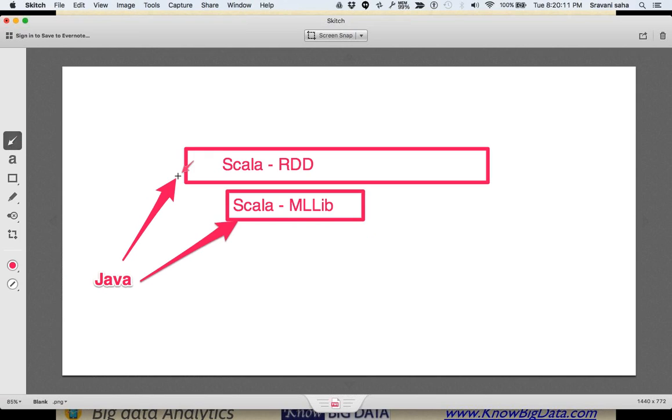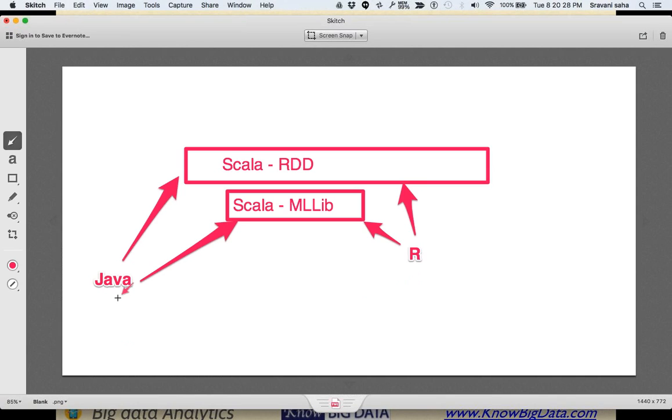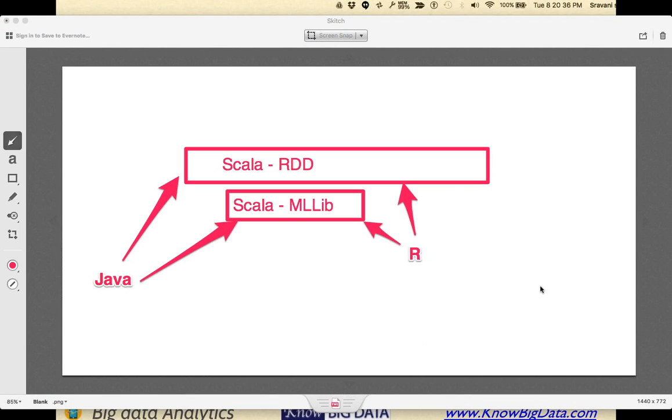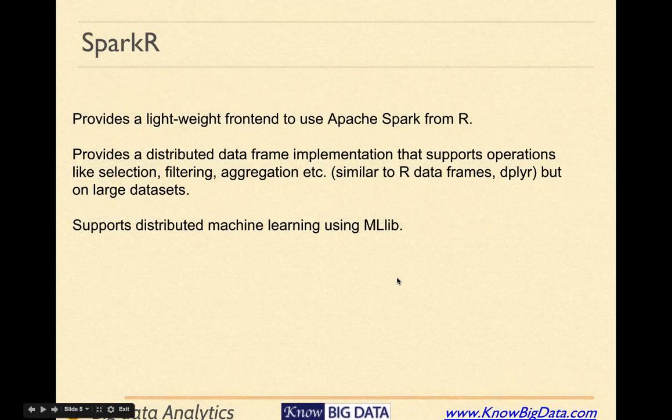As a user you could use both of them, and even if you are from a Python background or an R background, R would basically be talking to both of them. And the user can write either Java or R.